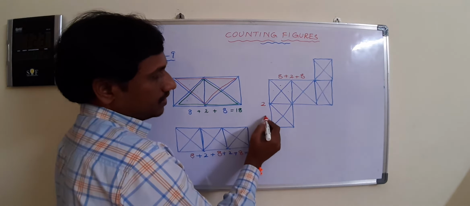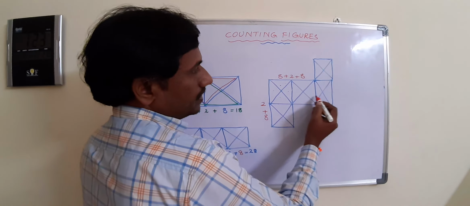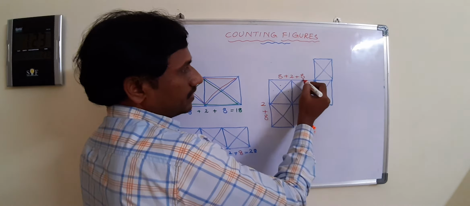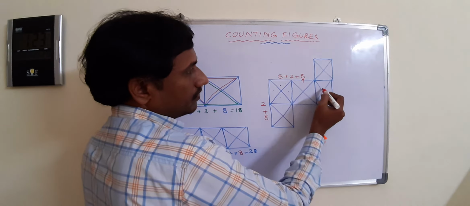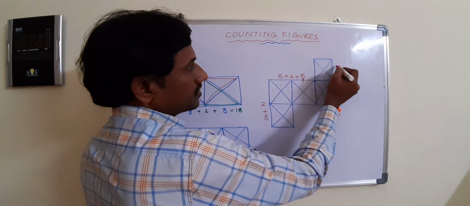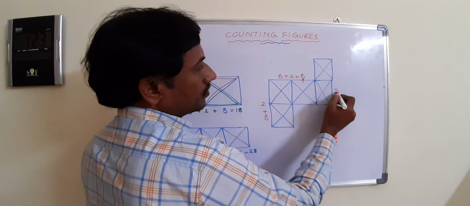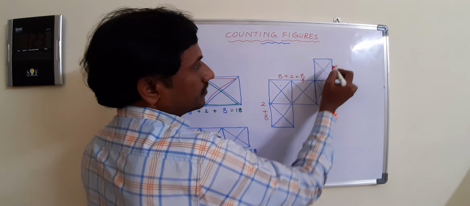And for this, 8. Next, the combination of these two. Already this count we have given here as 8. First write the individual counts: here 8, and for this also we are having 8. For this square we are having a total of 8, here also inside we are having 8.